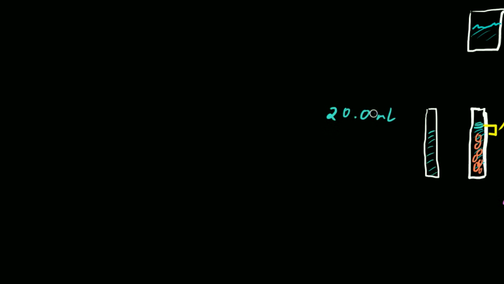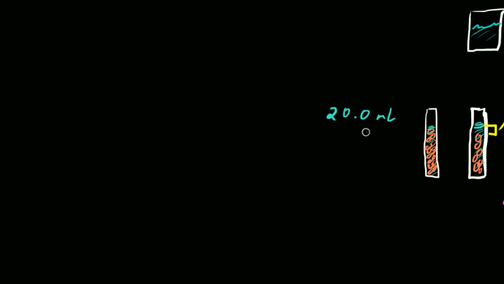So we filled up our graduated cylinder, maybe a bit more, with 20 milliliters of water, and then we took all of our metal shot that we were given, and the drawing is going to look pretty similar, but let's just say we fit a whole bunch more metal shot into this graduated cylinder.